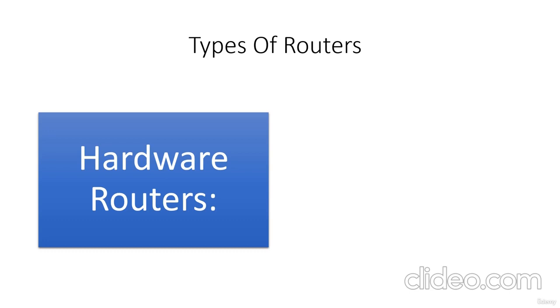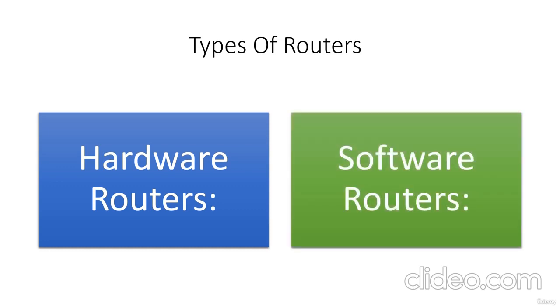These are hardware with distinctive inbuilt software capability provided by the manufacturer. They use a routing ability to perform the routing, and they have some more special features in addition to basic routing features. And also software routers.